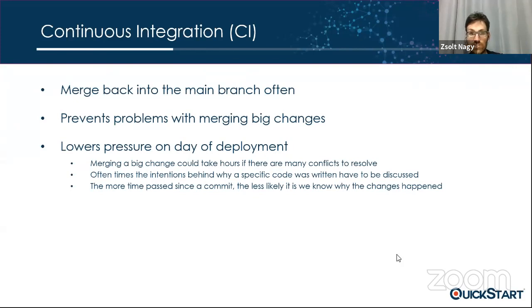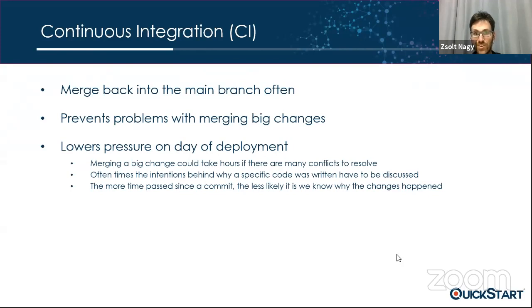So monitor the system for a while in case it's a critical deployment. You don't want to be in that position, right? So this is why automating and merging as often as possible is critical. It's very, very important. So continuous integration is all about merging back to the main branch often.